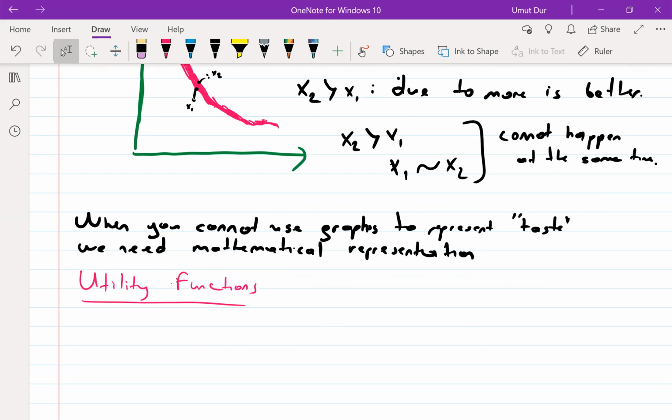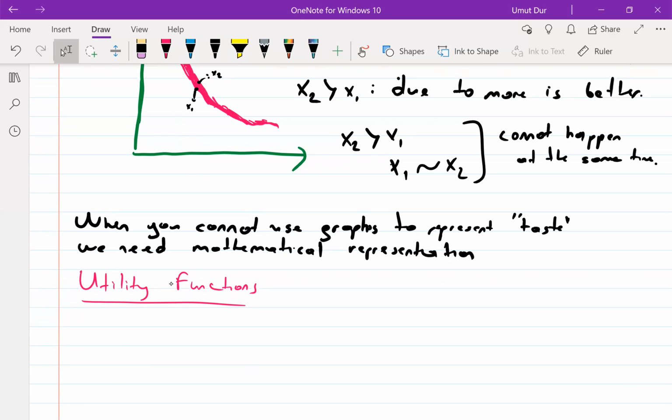Then we said that we can also represent demand and supply by using a mathematical representation, which is the demand function and the supply function. In a similar manner, whenever we cannot represent taste and satisfaction by just using graphs, we need some mathematical representation, which we will call utility function.